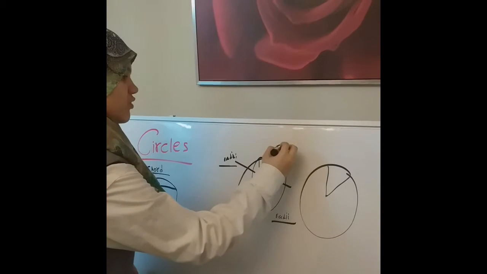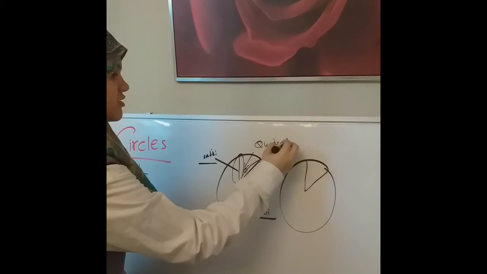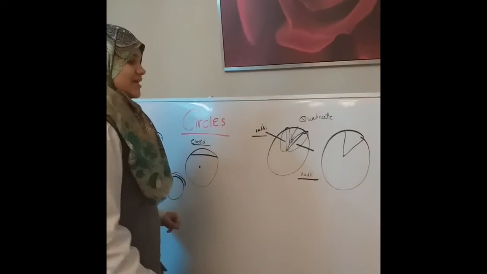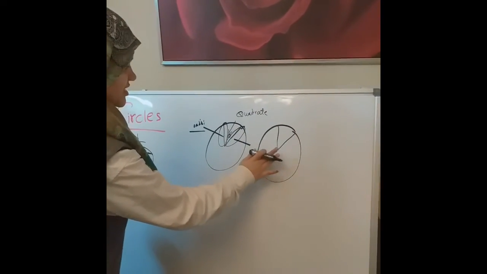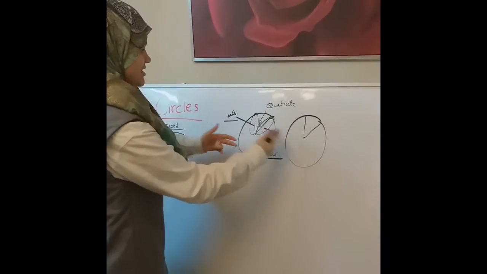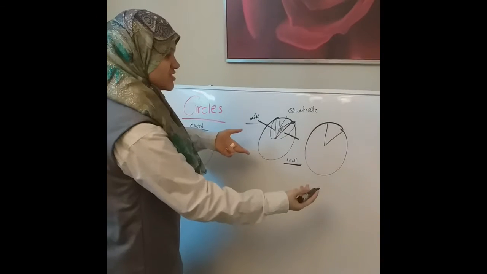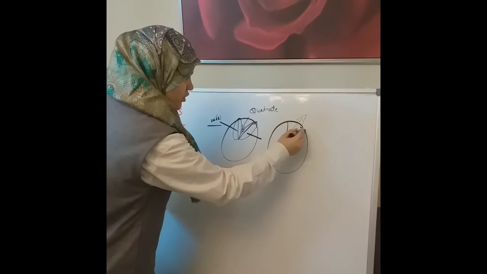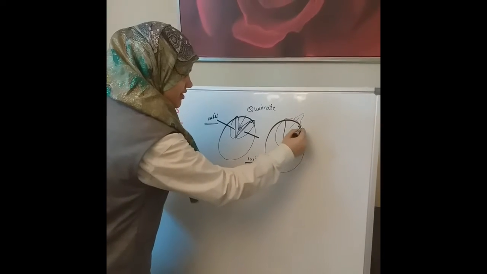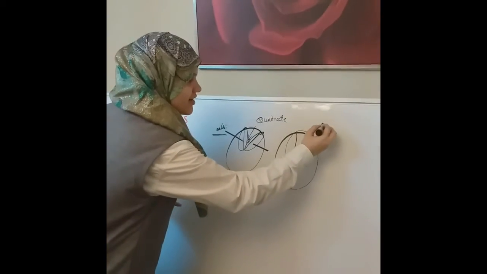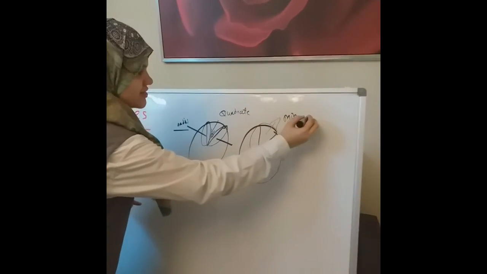It is a quadrant. But here, this has another name, and they have the same shape, because here the name for this small arc or small sector is minor sector.